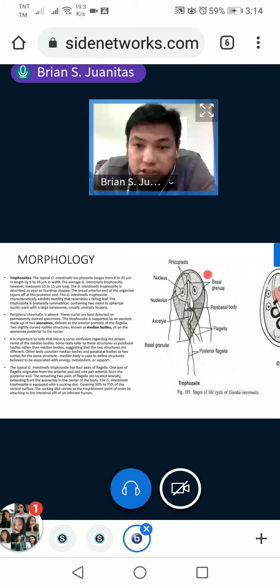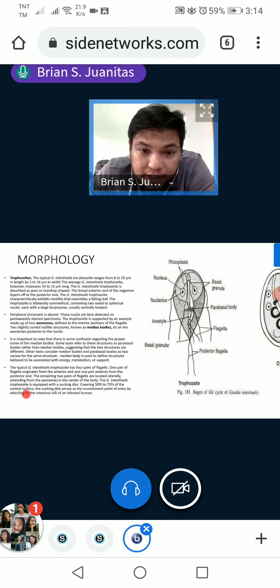Okay? So meron din siyang ito, class, tinatawag itong sucking disc, or sa ibang book tinatawag siyang rhizoplast. Ano yung purpose ng sucking disc, class? The sucking disc, class, is covering 50 to 75% of the ventral surface.